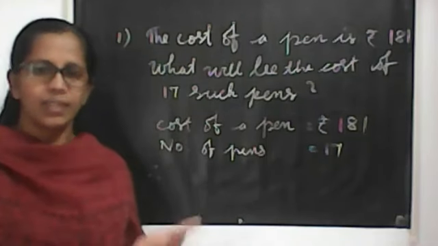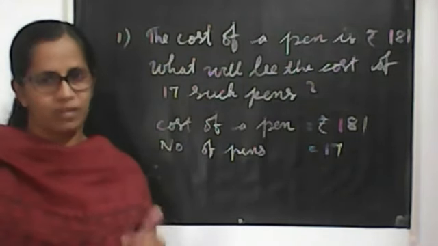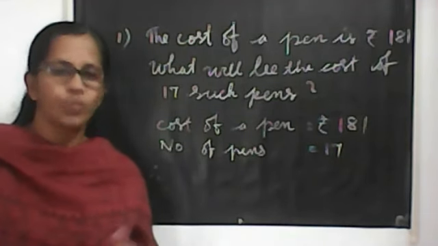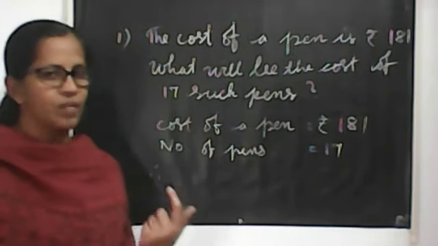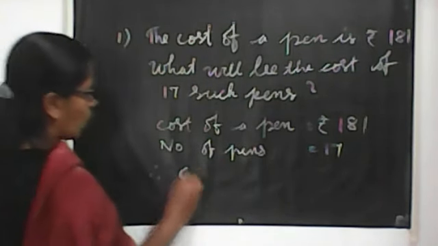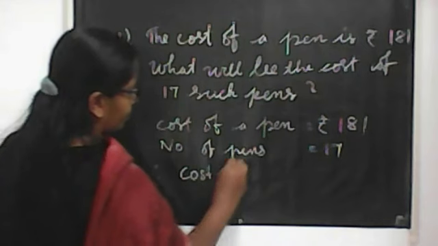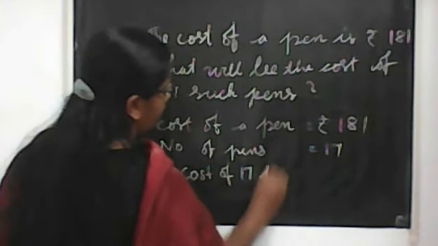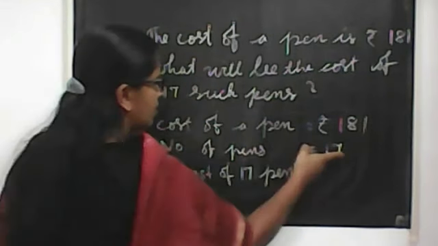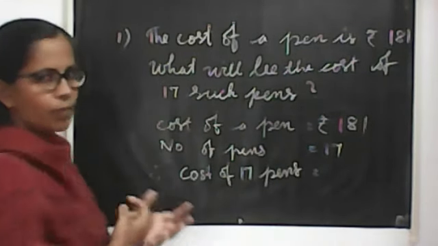So two pieces of information are there. The third one is the question that you have to find out, that is, what is the cost of 17 such pens? So the third statement is what we are going to find out. We will write: cost of 17 pens. If you want to avoid the second statement, you can avoid it, not a problem.